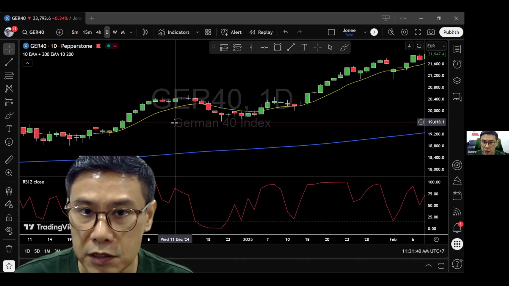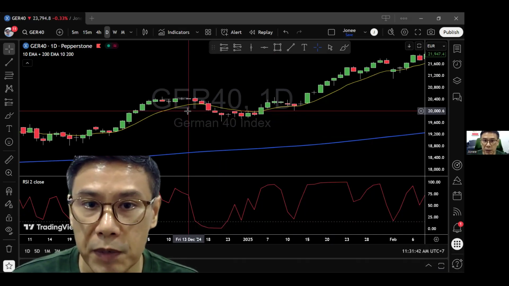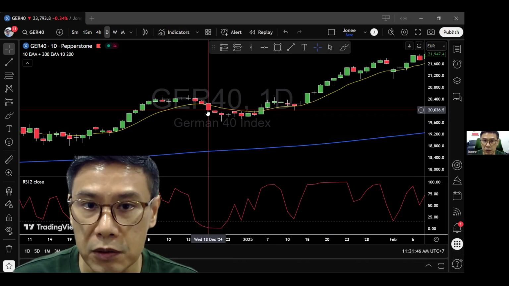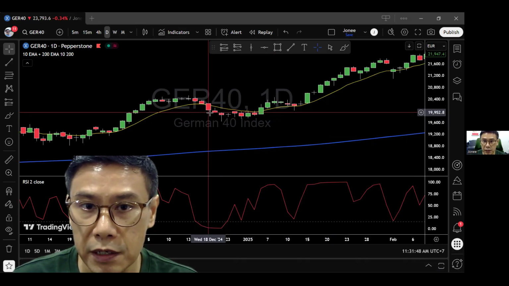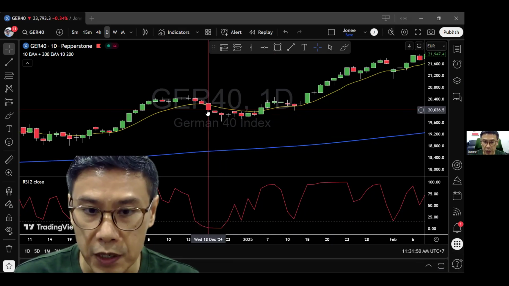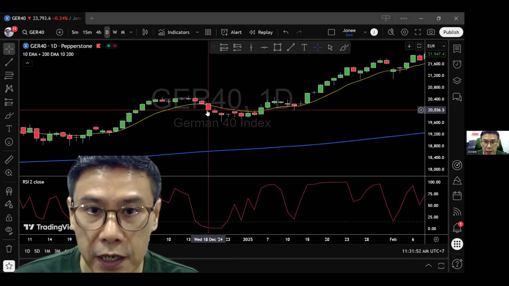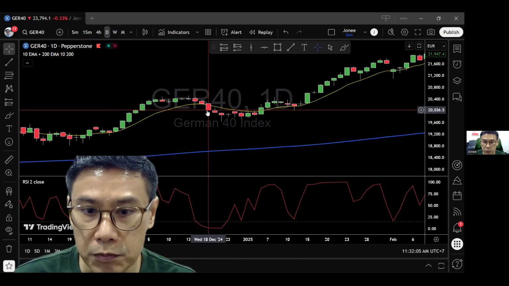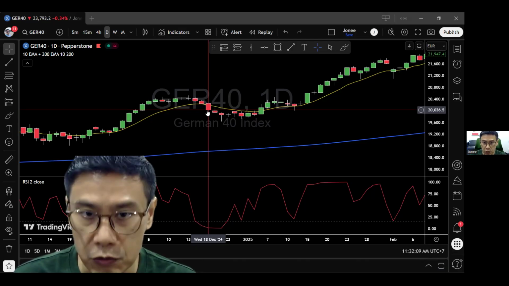Okay. So how does this strategy work? Every time the market shows weakness, it would go below and close below the 10 EMA or the yellow line. So that's when you look for this kind of setup. Once the candle or majority of the candle body closes below the 10 EMA, you want to look down to your RSI period 2, and the line should be below 15. Okay, not 15, below 15.